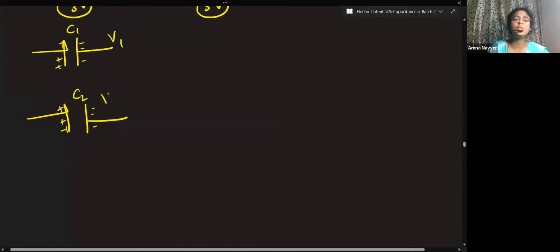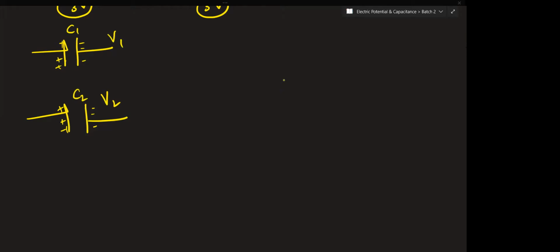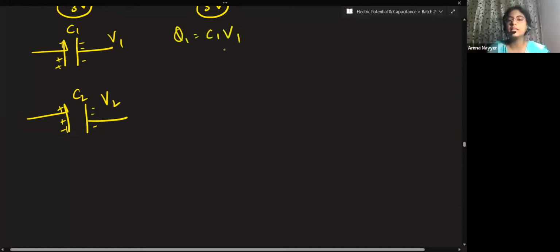This is C2 and the potential is V2. So what will be the charge on this capacitor, Akifa? C into V, C1 into V1. So the charge on this one will be C1 V1, and similarly the charge on this will be C2 V2.